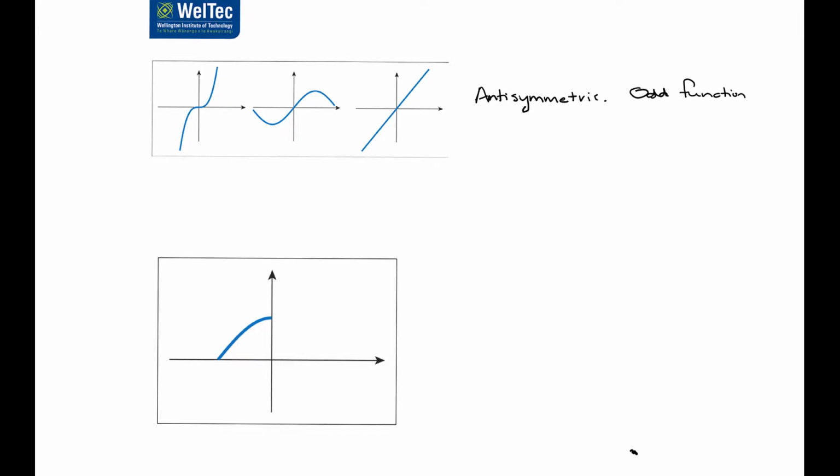So if it's an odd function, then we have that f of negative x is equal to negative f of x. That's what makes it an odd function. And what we're doing is we're actually rotating about the origin 180 degrees.